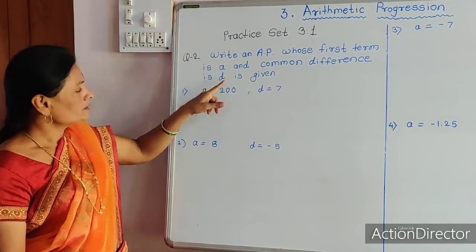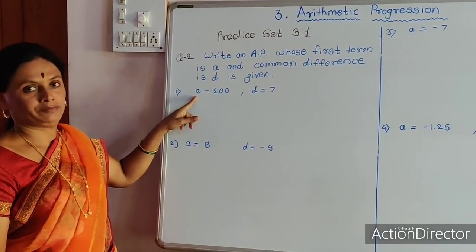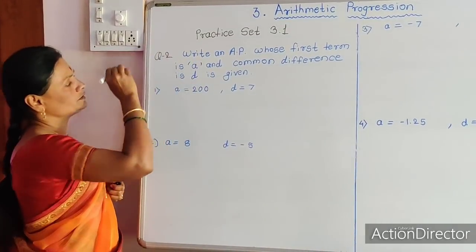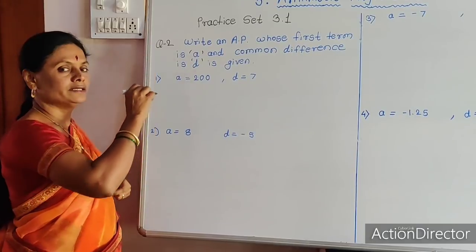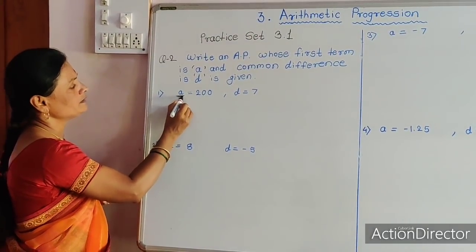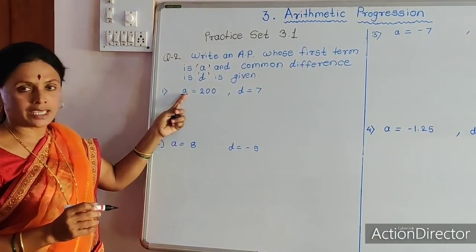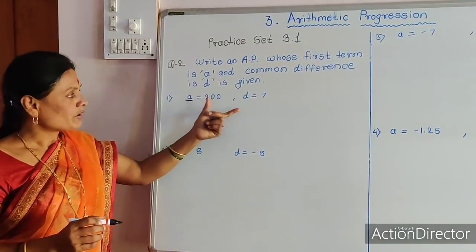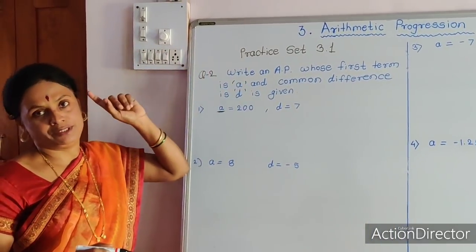Here the first term T1 is also denoted by letter A, and the common difference is denoted by letter D. In this example, we have the first term A and common difference D given. From this, we have to write an AP.